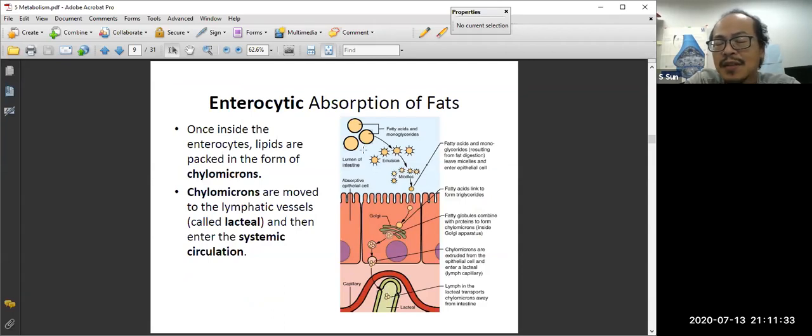Lipid is permeable through the membrane, so it can freely enter into the cell. When they enter into the cell, which cell? Enterocyte. That's right, enterocyte.